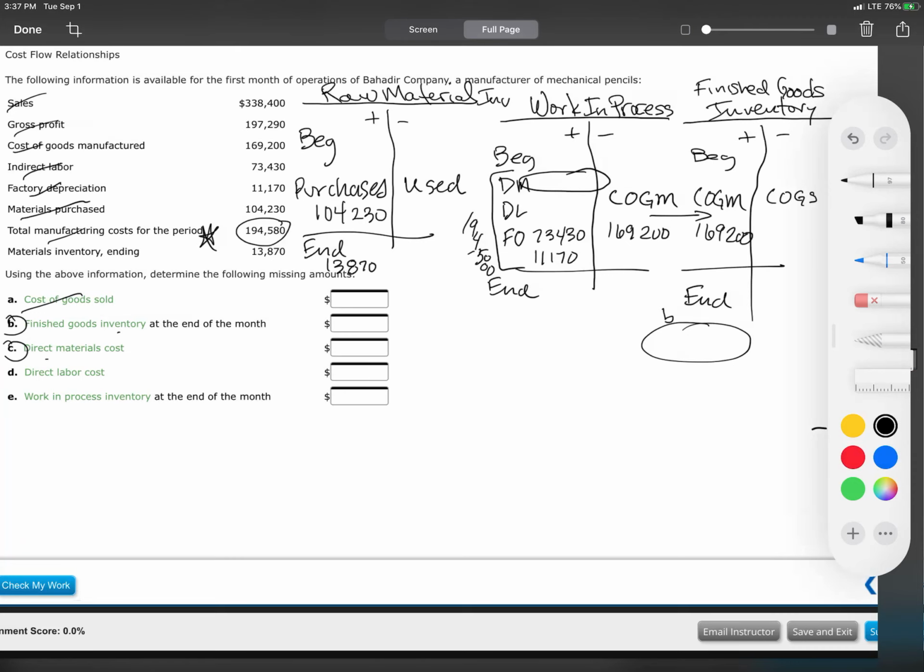Well, he meant direct materials used, and so we'll label that letter C. And letter D here, direct labor, letter D. Work in process inventory at the end. That's letter E. Let me change colors.